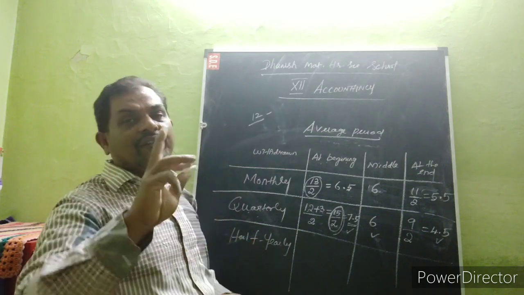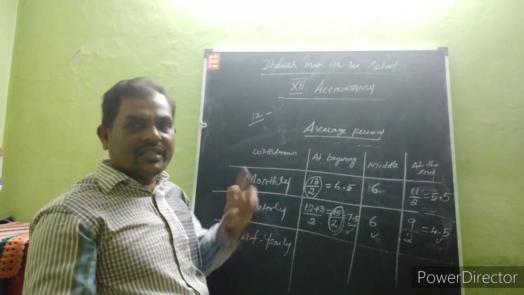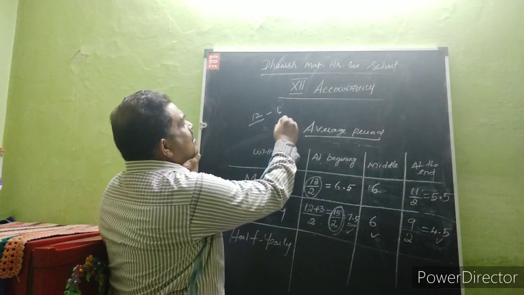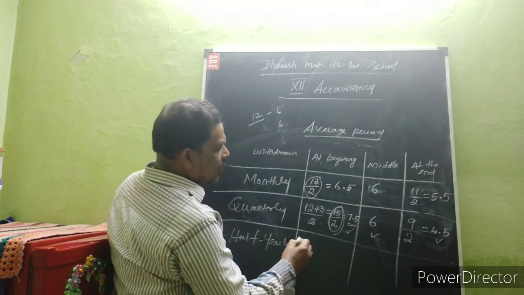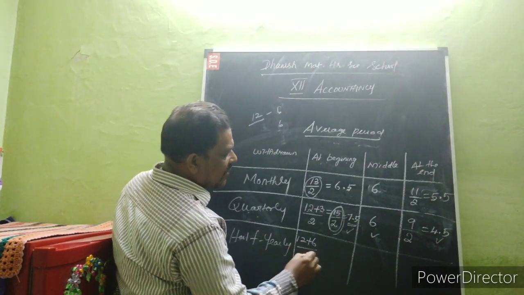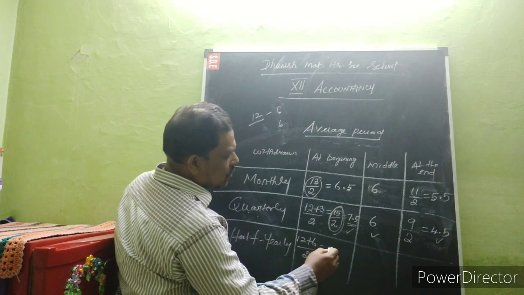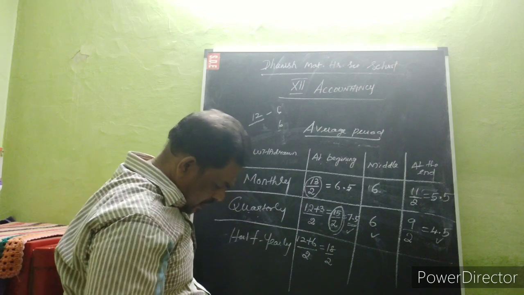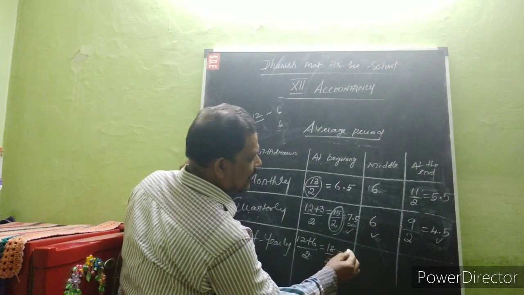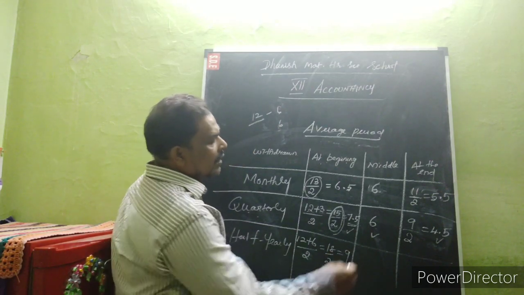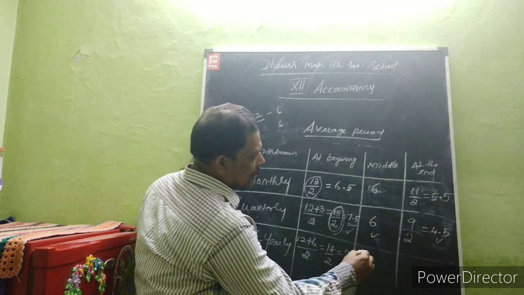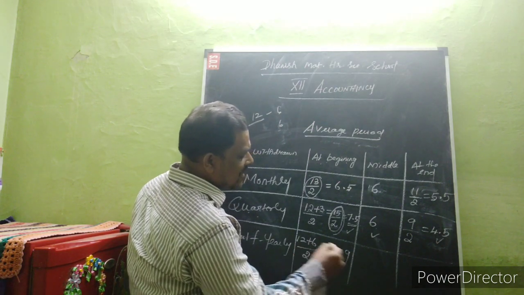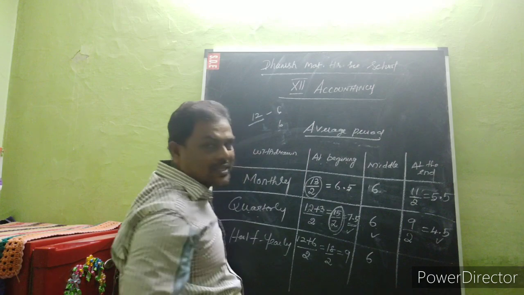Half yearly means in each year there are 2 half years, 6 months, 6 months. So here 12 plus 6 divided by 2, that is 18 divided by 2. 18 divided by 2 is nothing but 9. Here 18 minus 6, 12 by 2. 12 by 2 is nothing but 6.